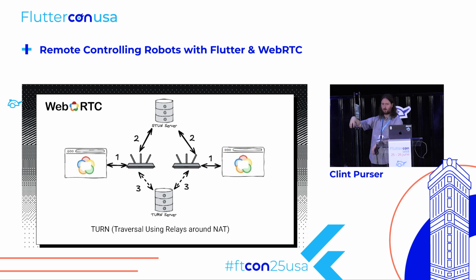It's a last resort. If you end up using a TURN server, the connection is going to be slower. You're going to have higher latency, but it's a fallback. We're trying to build a robust WebRTC peer-to-peer connection here. ICE relates to all of that. ICE is the overarching piece that calls those different things.